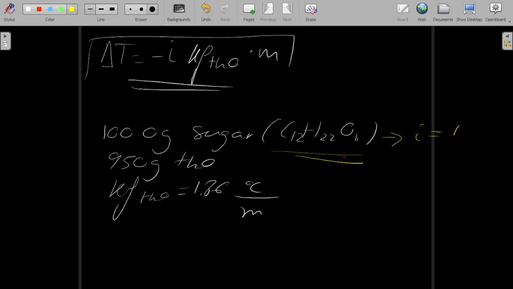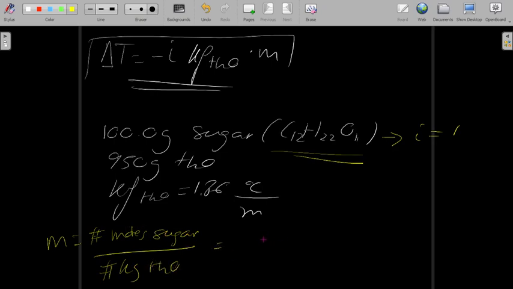This is a whole. You need to remember that for all of the polar covalent compounds, i is going to equal 1, because the molecule stays together and doesn't break down into smaller particles. Do we have Kf? Yes. Do we have molality? No. We can find the molality. We've been doing this all along. Number of moles of my solute, just sugar, divided by the number of kilograms of my solvent, just water.